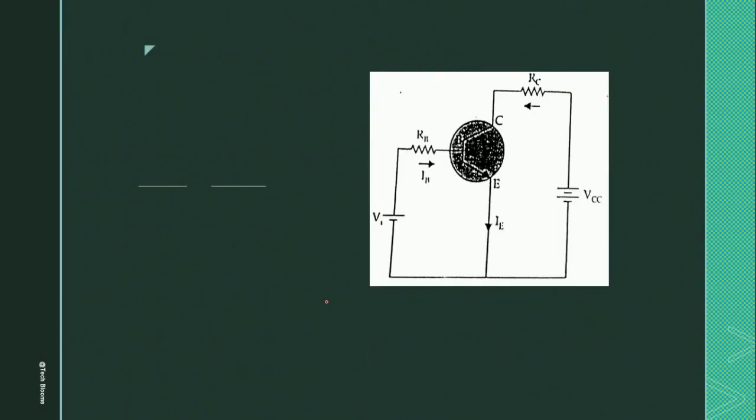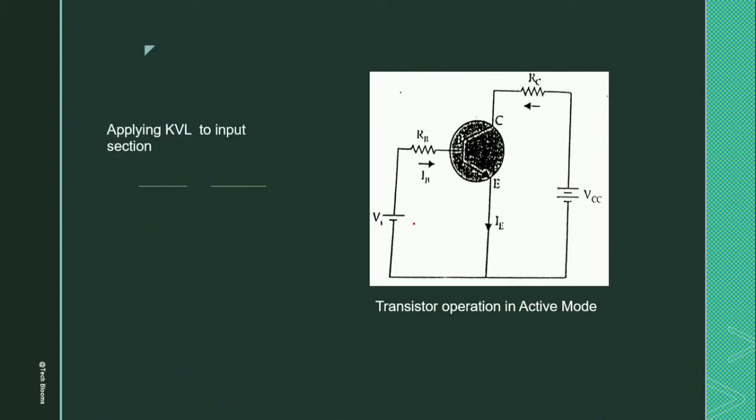So now we'll have a quick derivation for the transistor operation in active mode. Now this is an NPN transistor with the input voltage Vi, RB is the base resistor, RC is the collector resistor, the current here is IC and this is the supply voltage VCC. Now we get an expression by applying KVL to the input section.